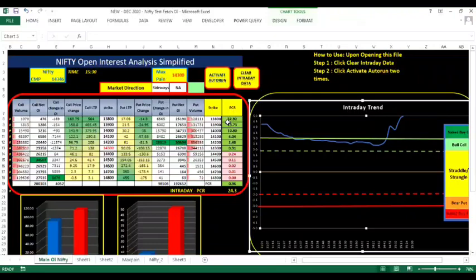Okay. So the PCR calculator, which you see for each strike here on the right hand side, is highlighted in two shades. One is the red one and the other is the green one. The green one indicates the support levels, but I prefer to ignore it if the number is less than 1. I would prefer to take the number as 2, though I have captured the data in a manner suggested by some of the experts.